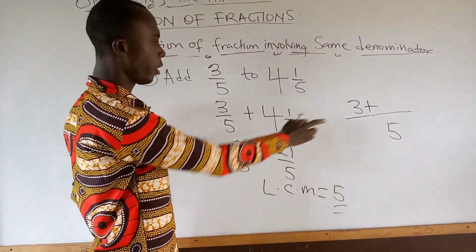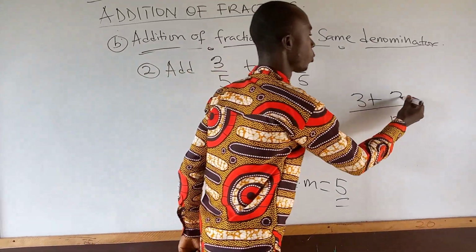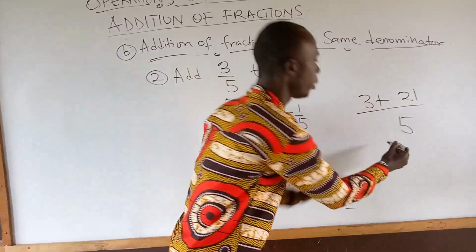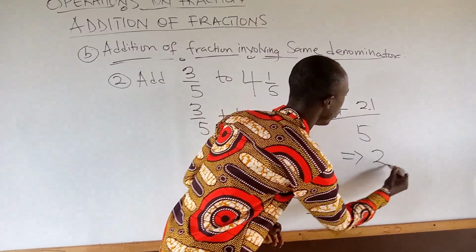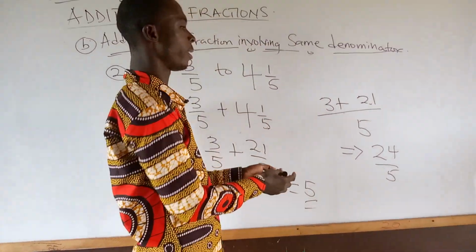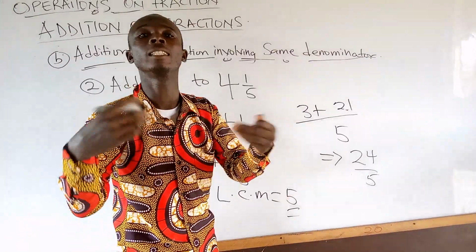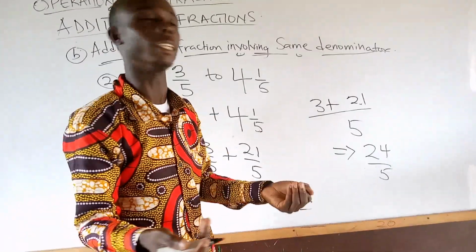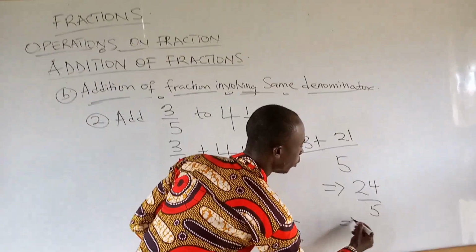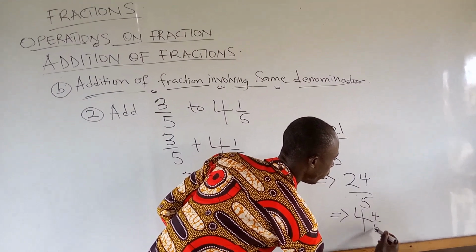Plus 5 goes into 5, how many? 1. 1 times 21 is what? 21. So 21 plus 3, we are getting what? 24/5. And this is an improper fraction because the numerator is greater than the denominator. So 5 goes into 24, how many? 4. Remember, 4 over 5.